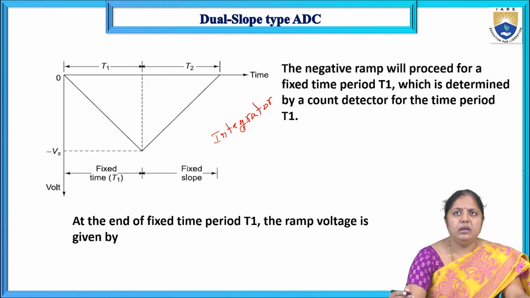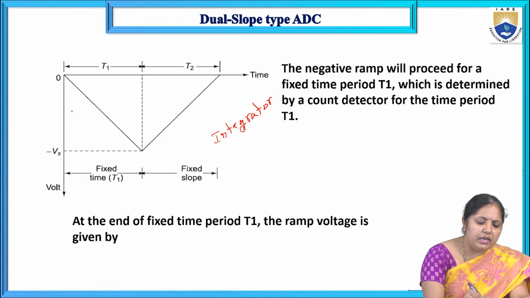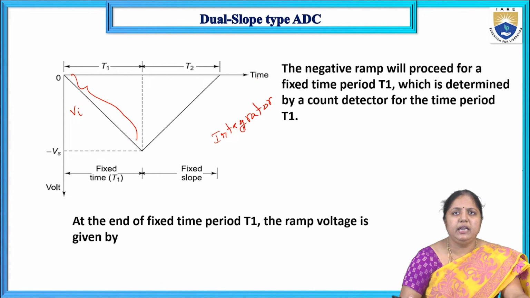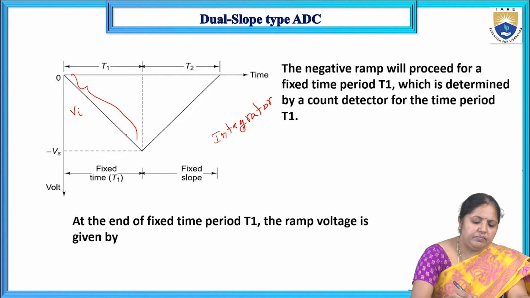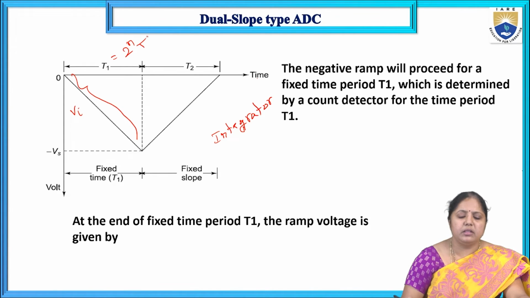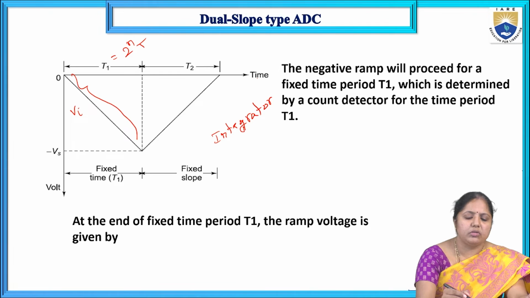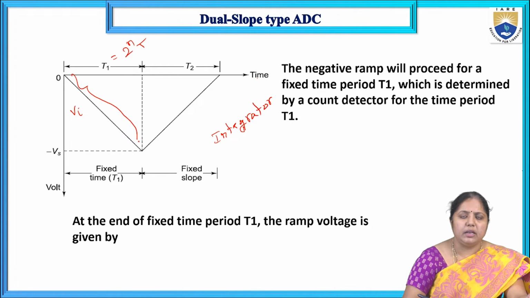Initially, the analog input signal Vi you have given is integrated during this part of the time, for 2 power n into T clock cycles. It will integrate the analog input signal.